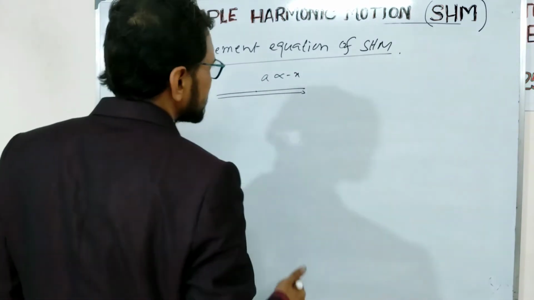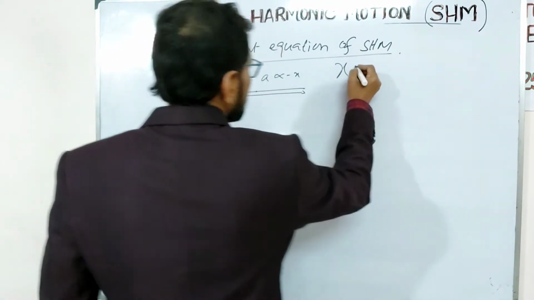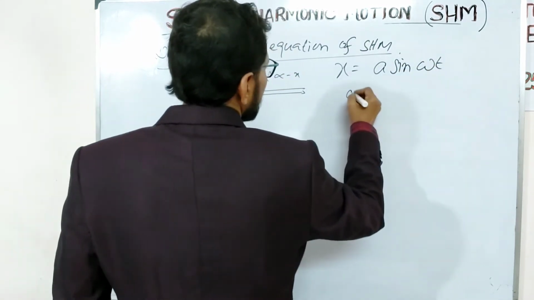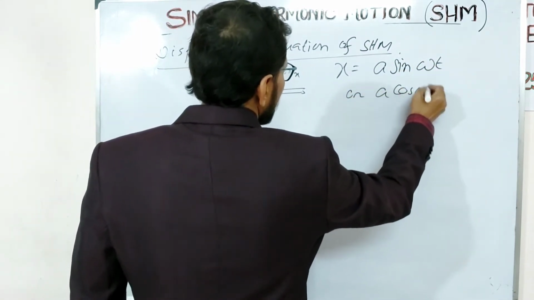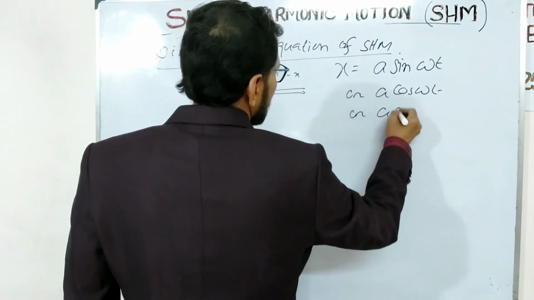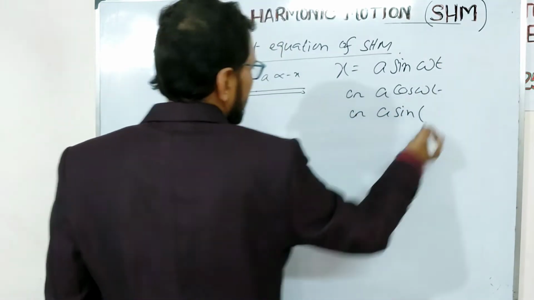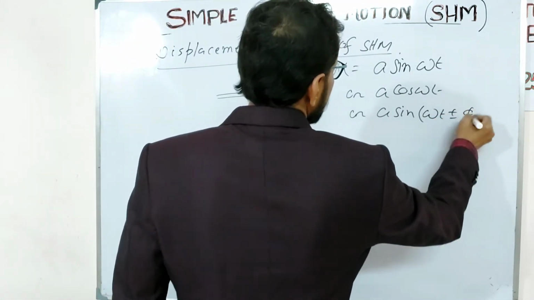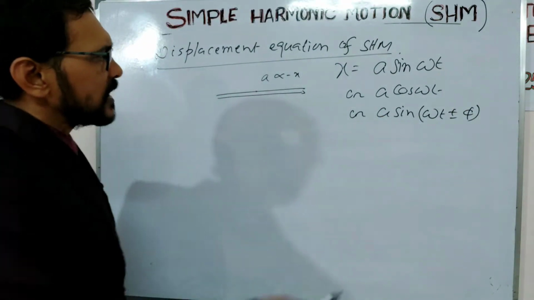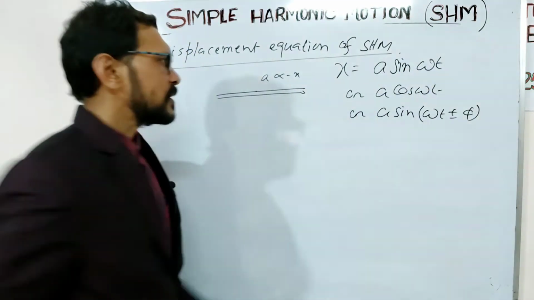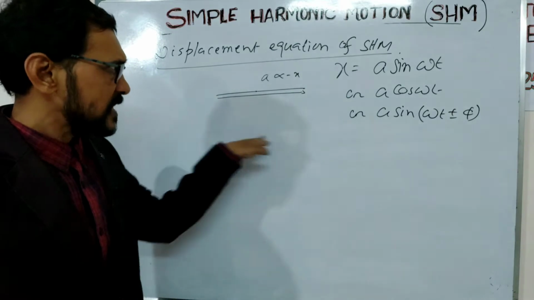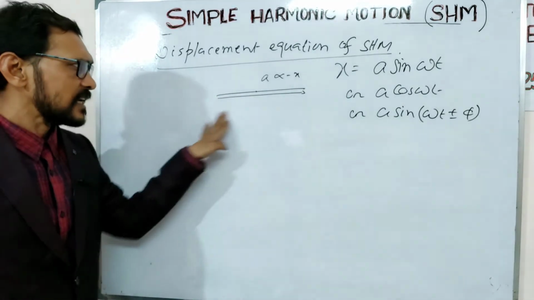But we express the displacement equation as x equals a sin omega t or a cos omega t, or, when there is an initial phase, a sin (omega t plus or minus phi), etc. Here omega is related to angular velocity, that is, circular motion, but we know SHM is a linear type of motion.